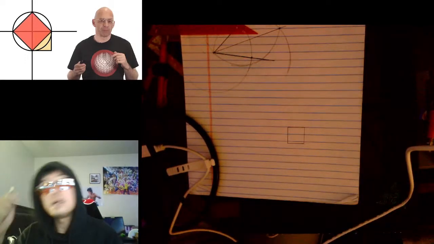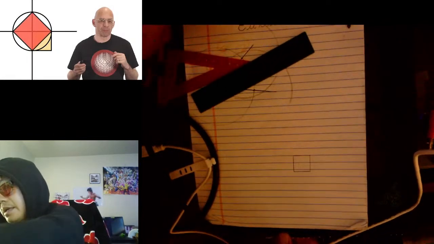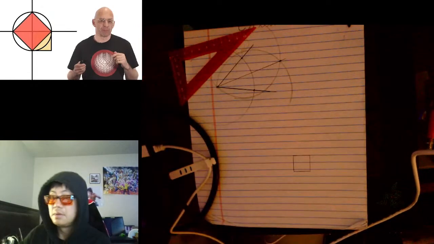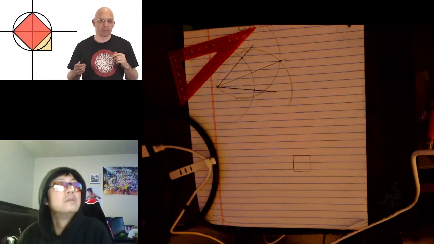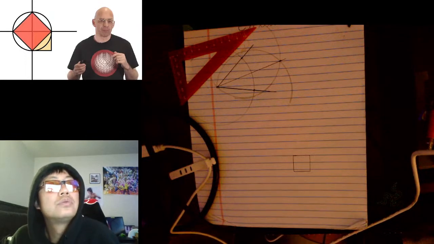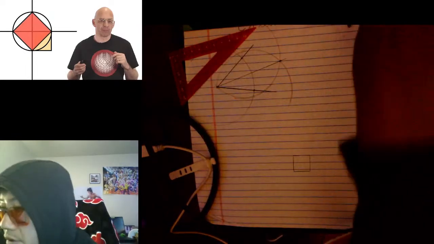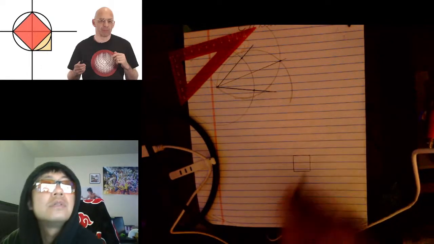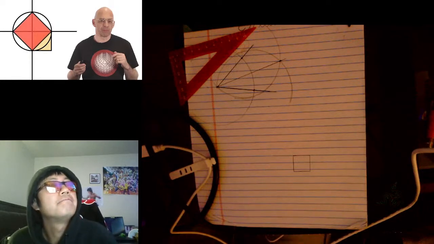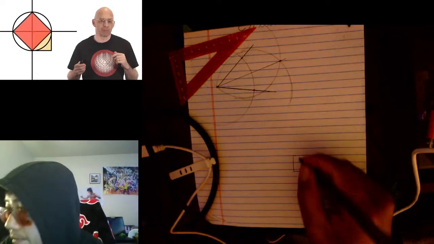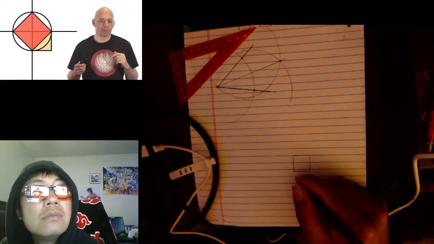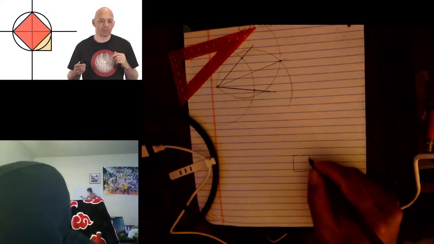That's 1 square. I get twice the area by... we call this 1, we call this 2.